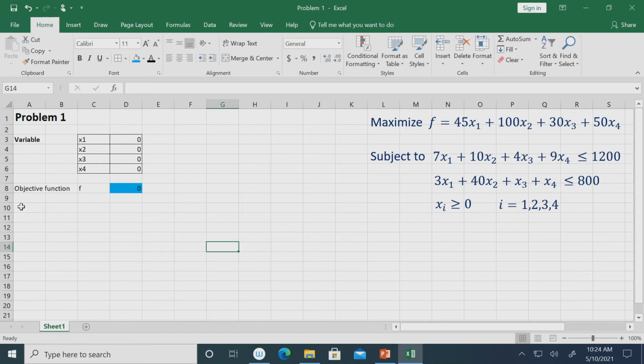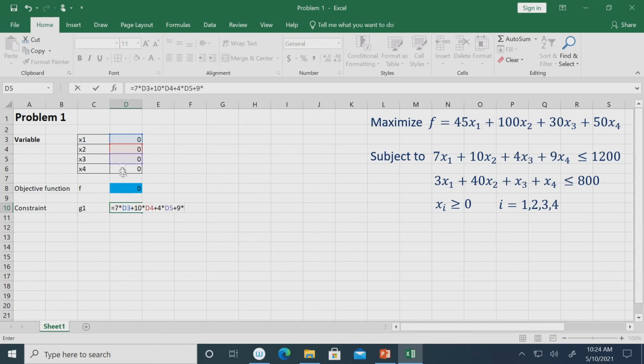Now, I have to define the constraints. So, we have two constraints here, Z1 and Z2. Z1 is 7 star x1 plus 10 star x2 plus 4 star x3 plus 9 star x4.